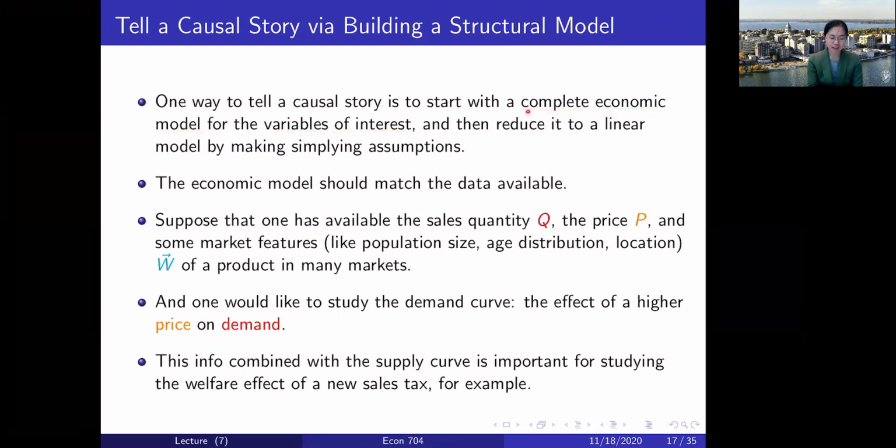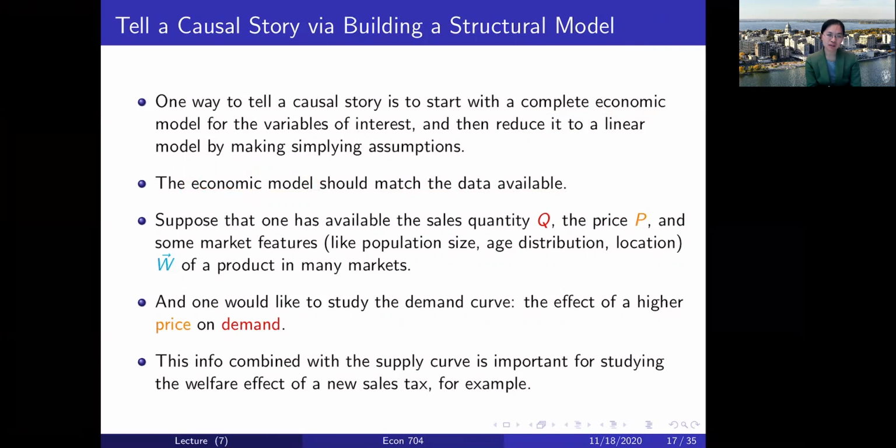The complete economic model will be self-contained, and will describe the structure of how the variables are generated in that model. Then once we have this complete model, we reduce it to a linear model by making simplifying assumptions. The economic model that we construct should match the data available, should match the population available.